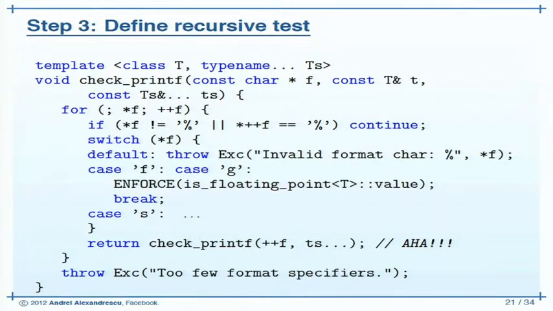And in the end, if we did go through the entire formatting string and we're done, there's still this T here, this argument that's not formatted at all, so we're going to throw an exception: too few format specifiers. So I have all the checks very nicely done, I swear, you can fit it on slides, which is quite a trick.